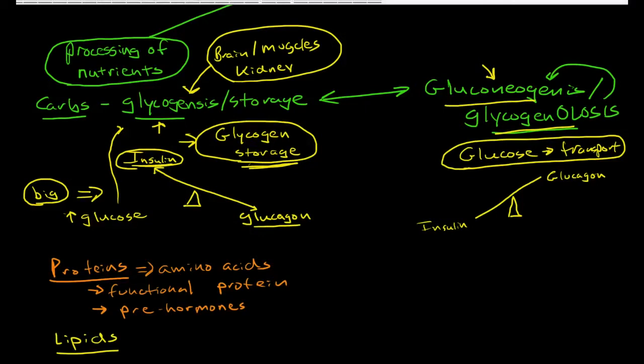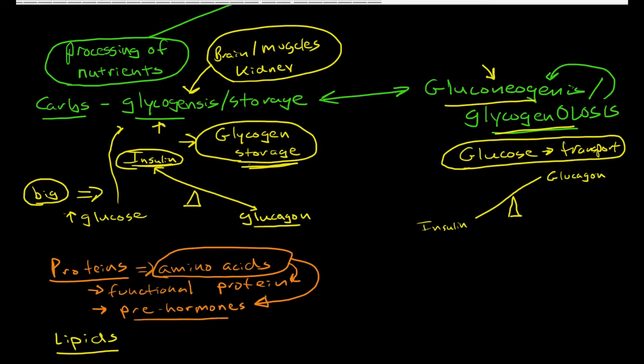So the liver takes the raw product of amino acids and either makes it into a functional protein or makes it into a piece of a protein that's not functional yet but will be made functional in other organs.